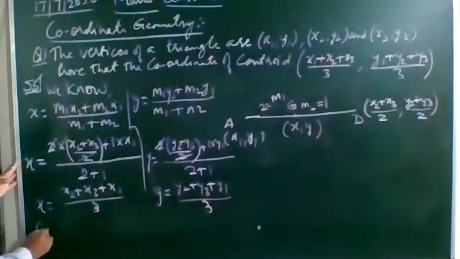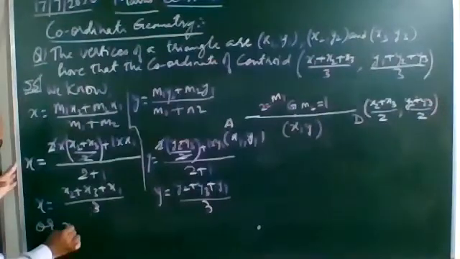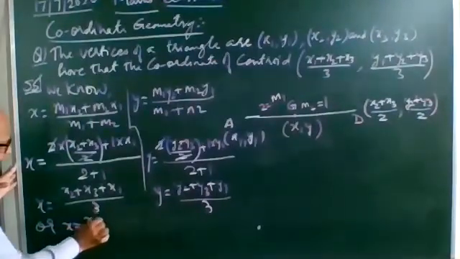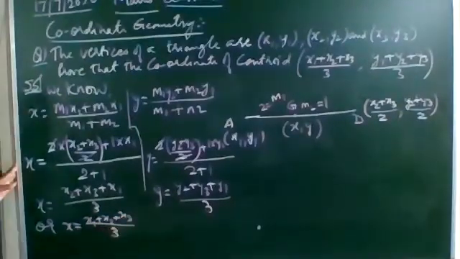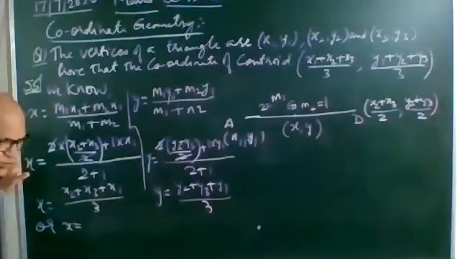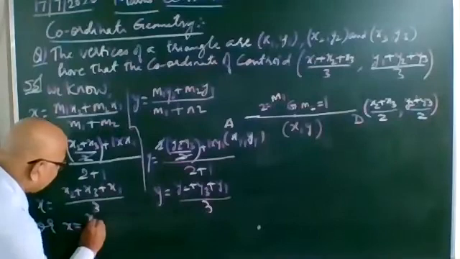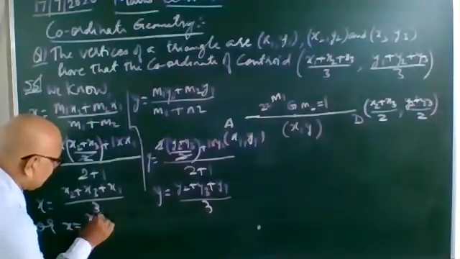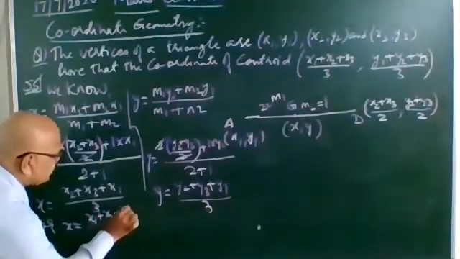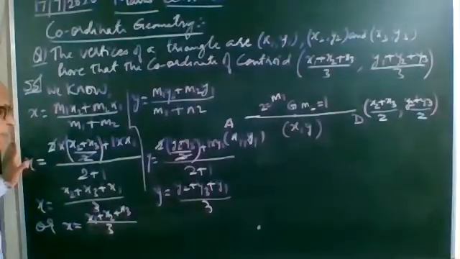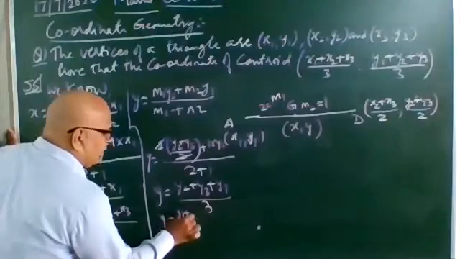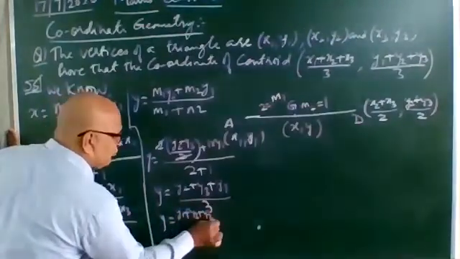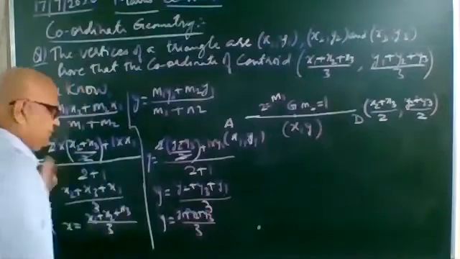Now you can say x equals x1 plus x2 plus x3 upon 3. You write properly: x1 plus x2 plus x3 upon 3, and y equals y1 plus y2 plus y3 upon 3.